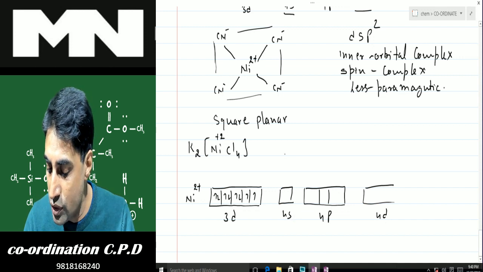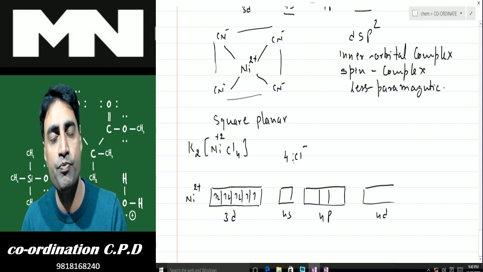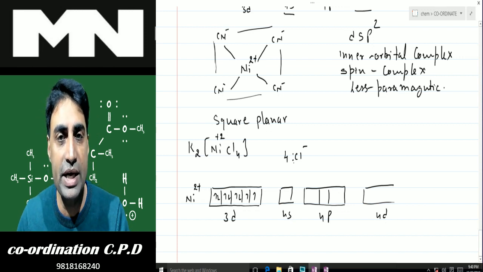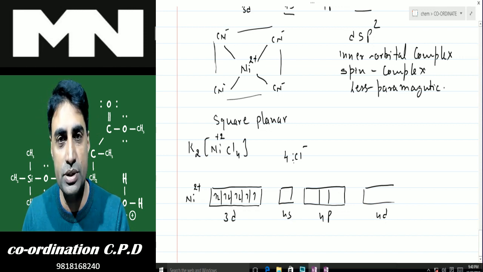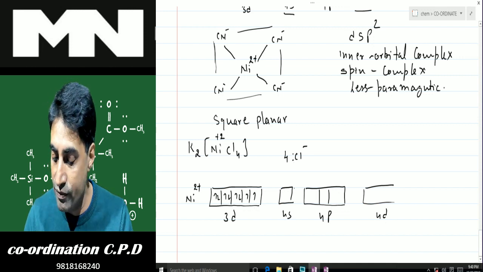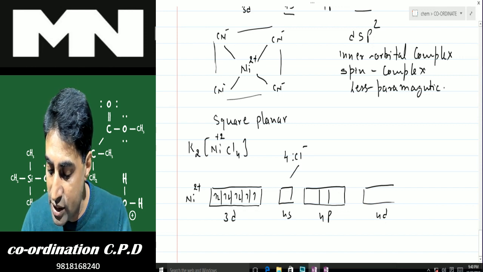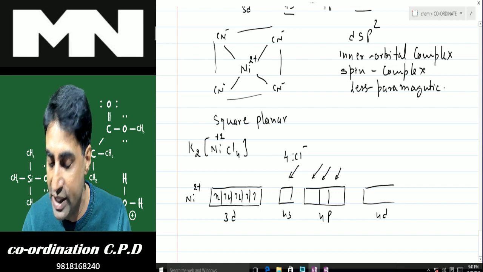Now in this case, you have got 4 chloride ions which are ready to donate their lone pairs of electrons. Now chloride is a weak field ligand, it does not cause a prominent repulsion. So in that case, the pairing of electrons will not take place. In fact, the higher energy p will be provided. So one of the orbitals of s and 3 of the orbitals of p will be provided.